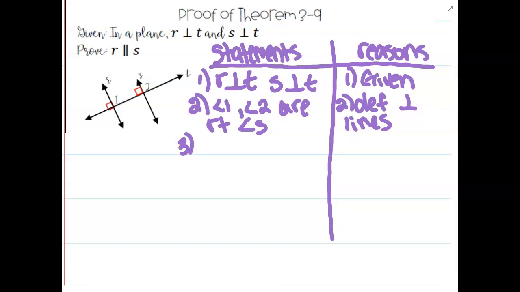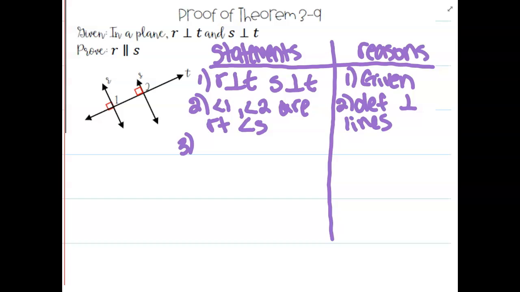Now take that and expand on it. If angle 1 and angle 2 are both right angles, what could I say about angle 1 and angle 2? They equal 90 degrees. If they both equal 90 degrees, they're congruent.